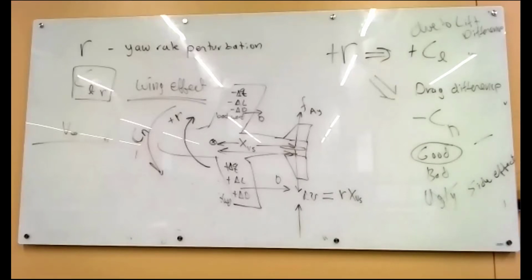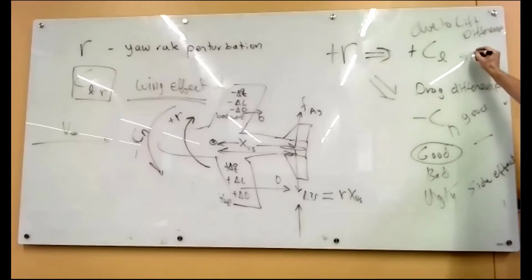That's a side effect. And in fact, it's these coupling side effects that we talked about that lead to a spin if you're stalled, or just weird motion. So on this one, this sign is good. Up here, this is just a side effect.